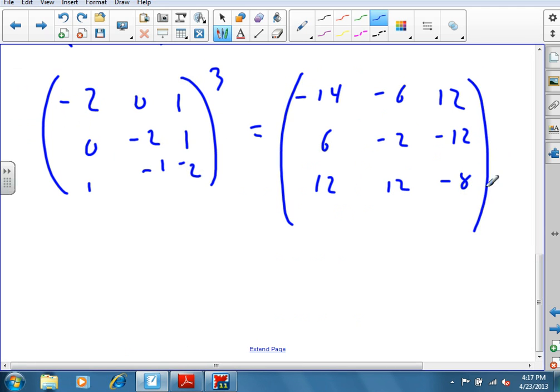And that times V3 has to be 0. And we're going to do this by inspection.